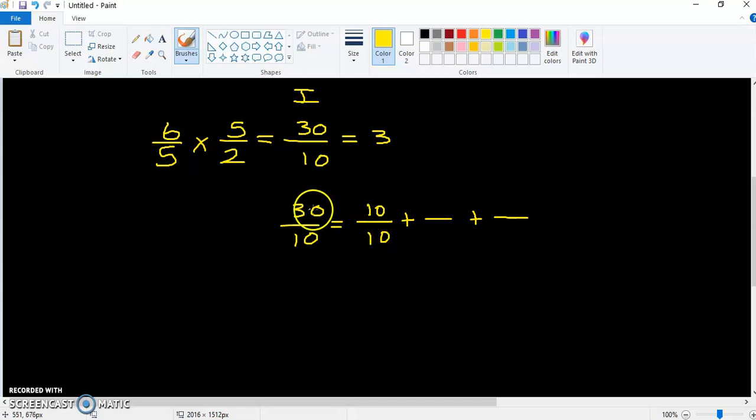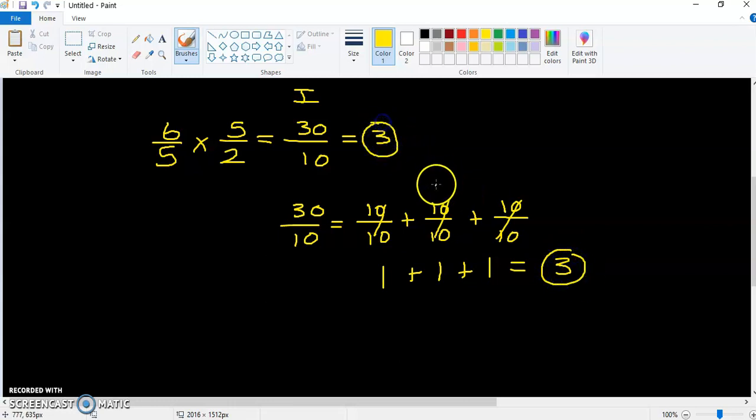So I have 10 out of 10, but I have to get to 30. So I can add 10 more. Well, that's 2, right? 2 whole fractions. 10 plus 10 is 20. Well, how many more do I need to go? I have 10, I have 20. Now I have to get back to 30, so I have 10 more. So what you can do is you can exchange these. So you have one whole fraction plus another whole fraction plus another whole fraction, and you have 1 plus 1 plus 1, and that's 3. So you can see we ended up with 3 both times.